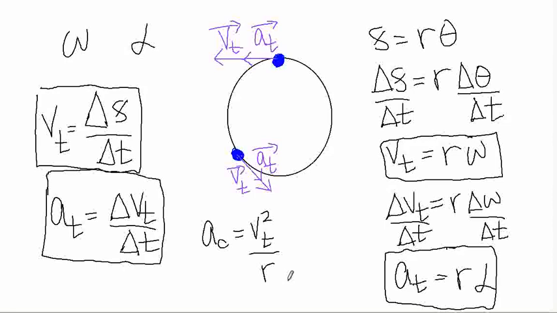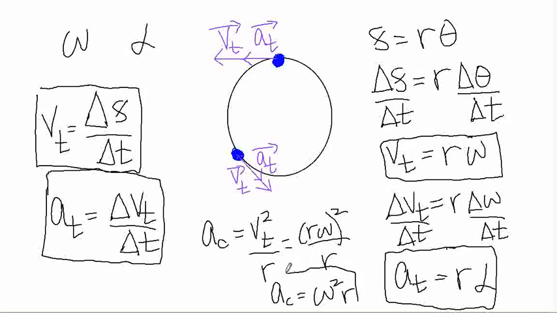But we just determined that v sub t is equal to r times omega, so let's make that substitution. And so we can simplify that equation and we will get the following. Centripetal acceleration is equal to omega squared times r. Okay, so write all of these equations down and we will finish by doing some exercises.